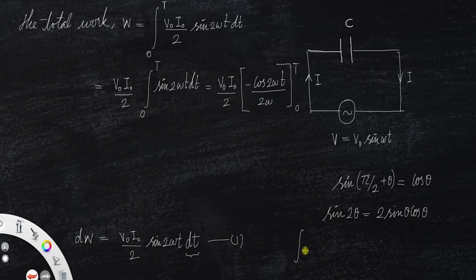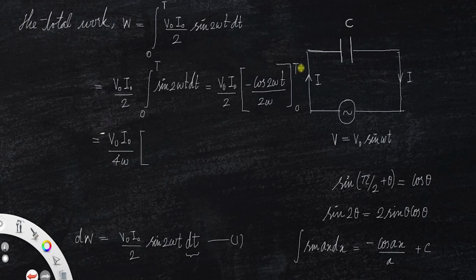Actually, we have the integral of sine ax dx is minus cos ax divided by a plus c. This is according to the chain rule. Now I can take this 2 omega out of the brackets. So V0 I0, 2 into 2 omega is 4 omega. Also I can take this negative sign, so minus.